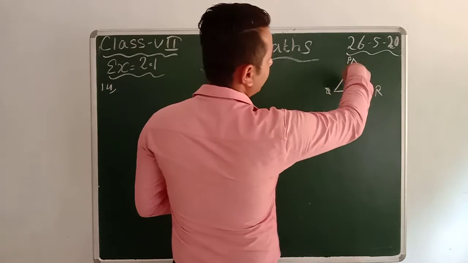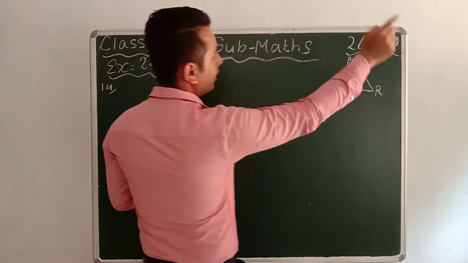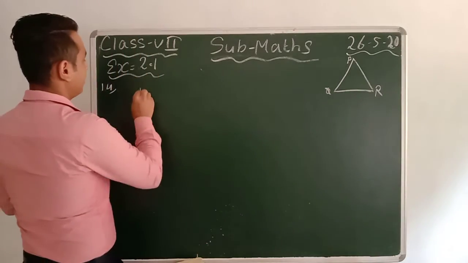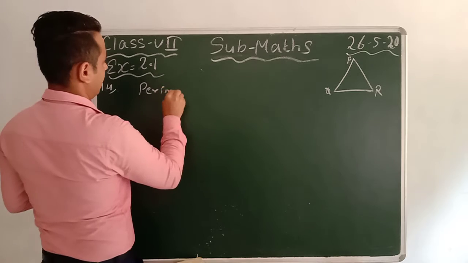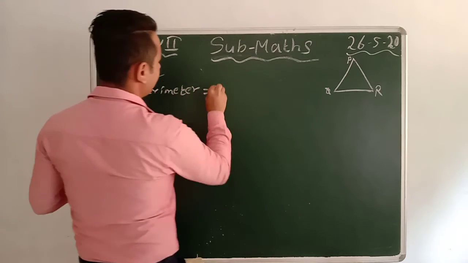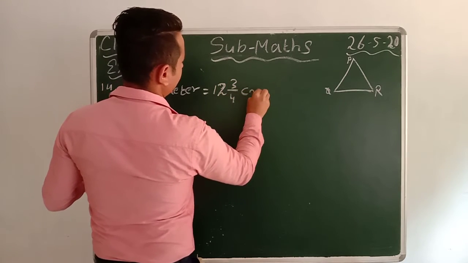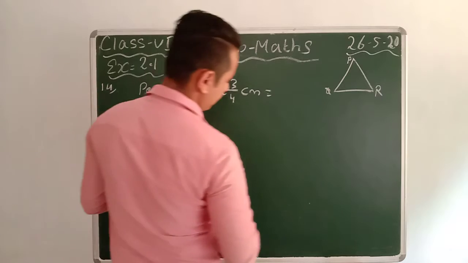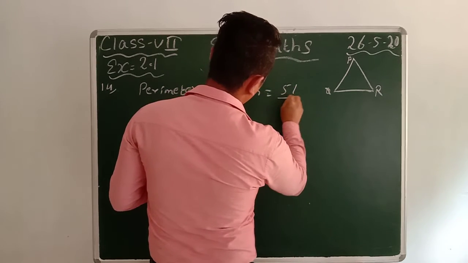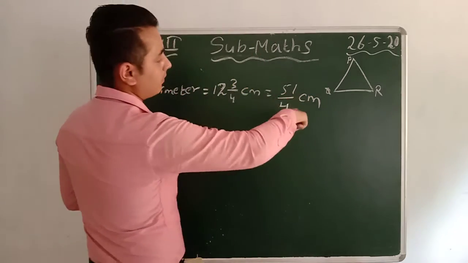The perimeter of this triangle, that means from here to here, from here to here, and from here to here, is 12 3 by 4 centimeter, which is equal to 51 by 4 centimeter.